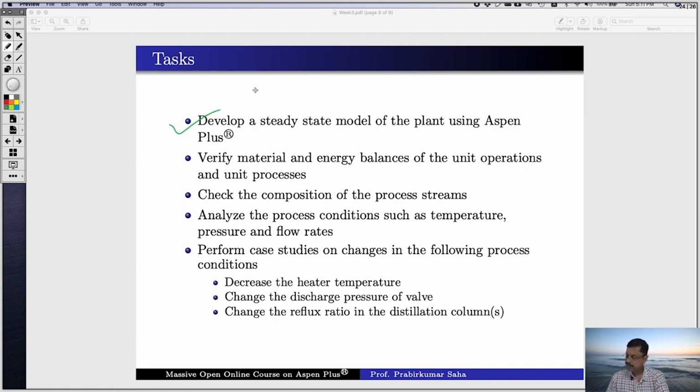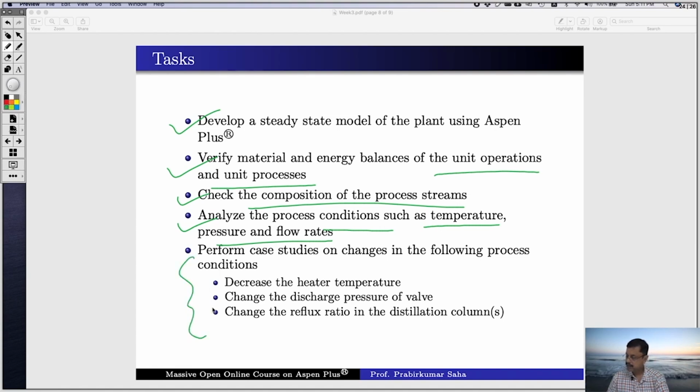We have verified the material and energy balance of the unit operations and unit processes. We have checked the composition of the process streams. We have analyzed the process conditions such as temperature, pressure and flow rates. And now we are left with performing case studies on changes in the following process conditions.